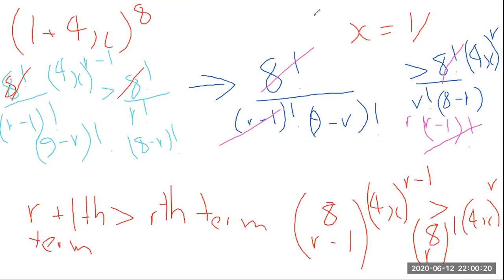I forgot to write it's (4x)^(r-1) here. And 9 minus r factorial is the same as (9-r) times (8-r) factorial, so we can cancel and write 9 minus r here.